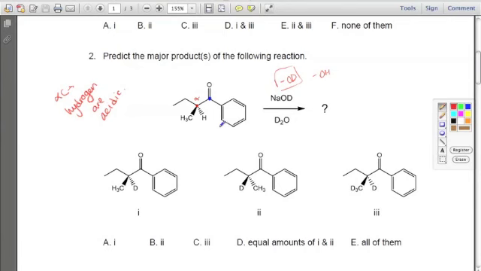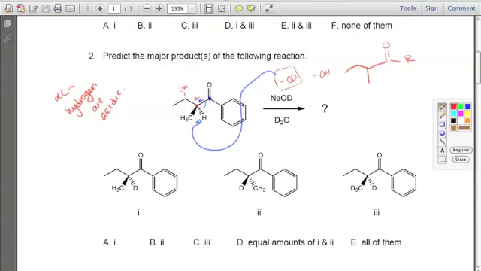Now, as a quick glance, I really don't see any other acidic hydrogens here, because if I plucked a hydrogen off from this position, I wouldn't really be able to resonate. So I'm going to have my minus OD come in, and it's going to pluck off. It's going to donate those electrons, and what you're going to form is this.